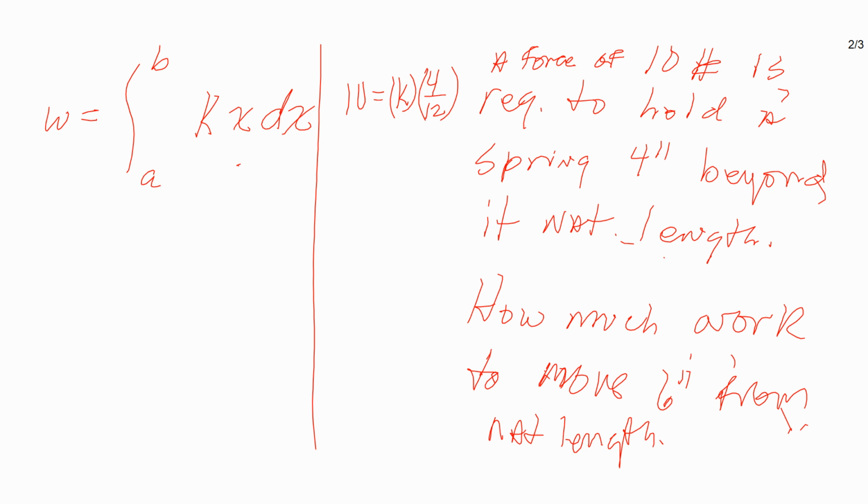Direct variation. 10 is equal to 1/3 K. So K is equal to what? Take that K and put it right there, Hubert.